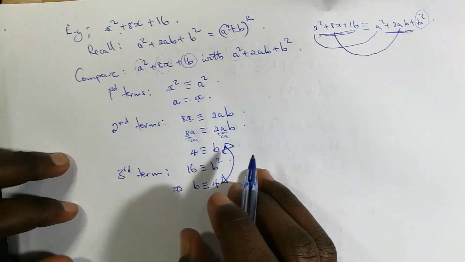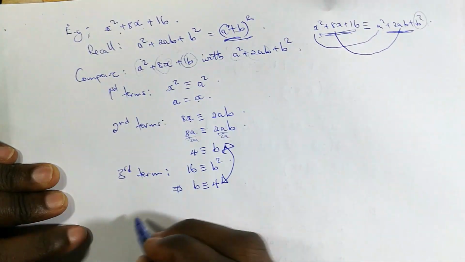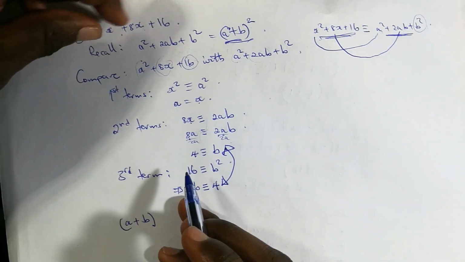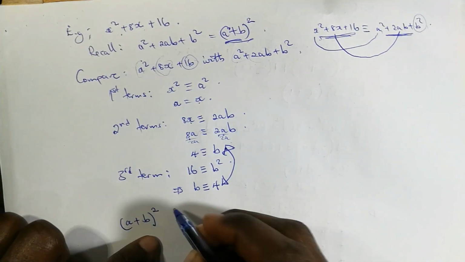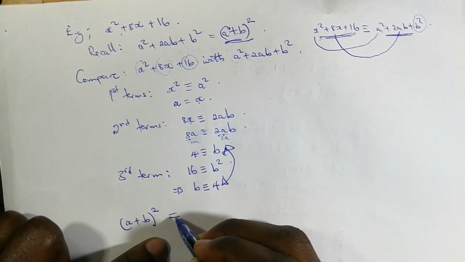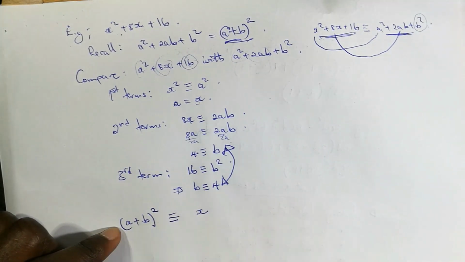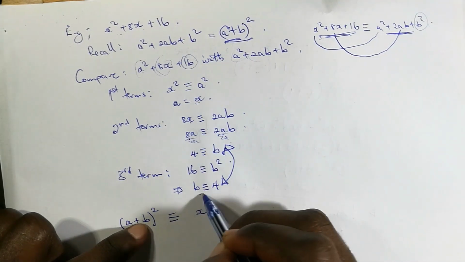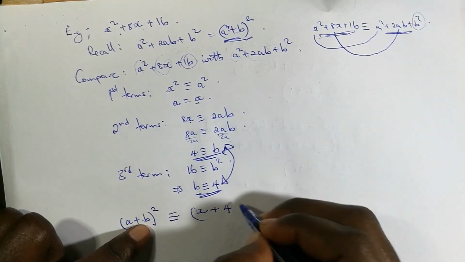So we want to know what takes the place of a and what takes the place of b, so we conclude that this expression can be expressed in this form. We replace our a with x, and our b is 4, so (x+4) squared.